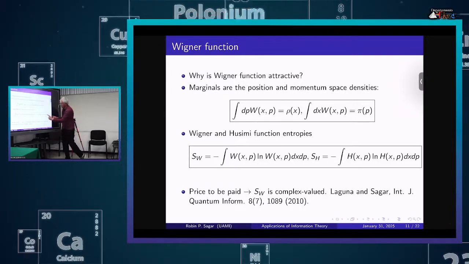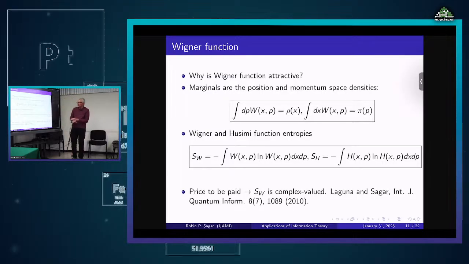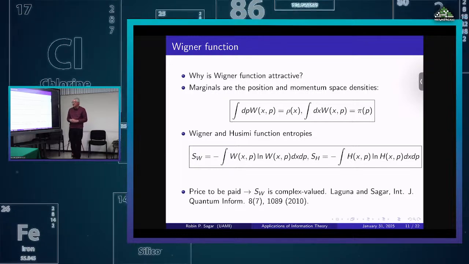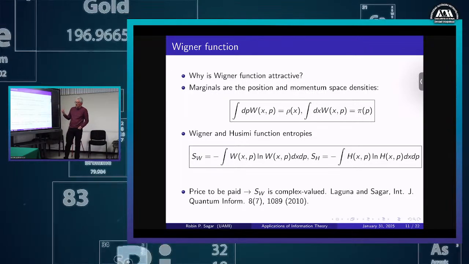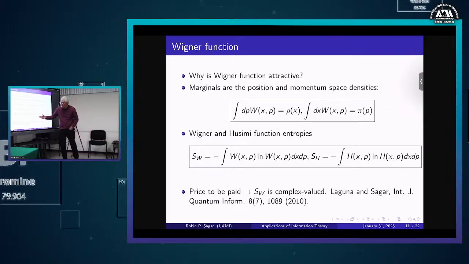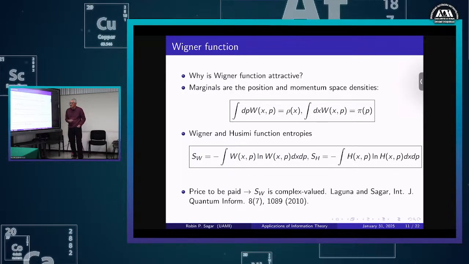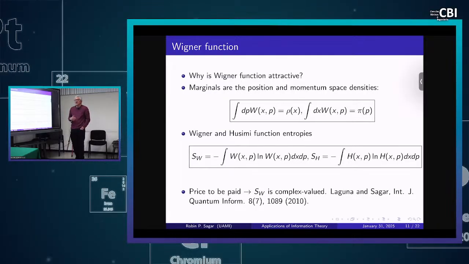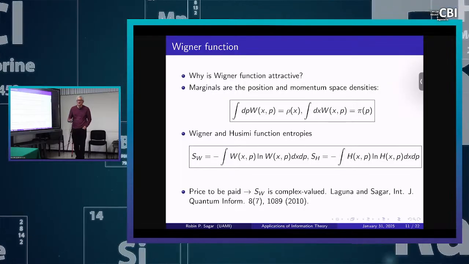The Husimi function is positive definite, with no negative regions, so there's no problem in applying this definition. On the other hand, if you plug the Wigner function into the definition of the Shannon entropy, you get something that is a complex valued quantity. It has an imaginary part to it.